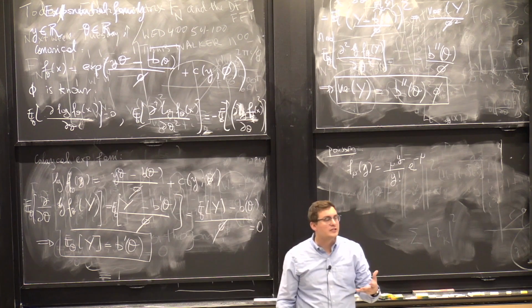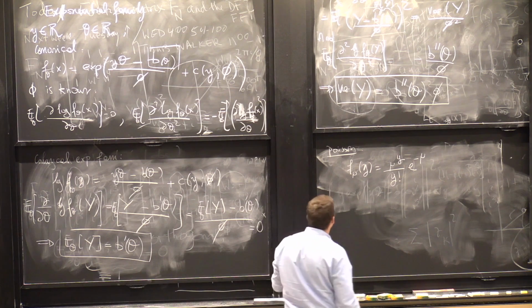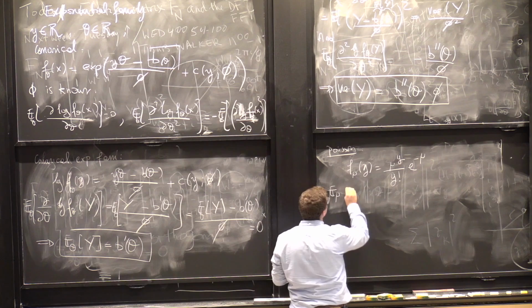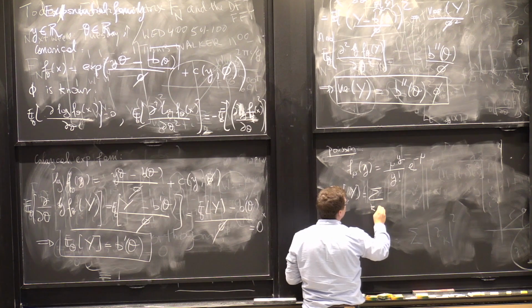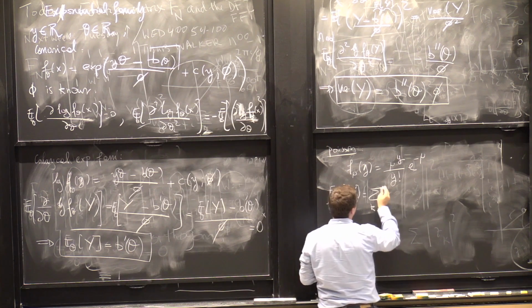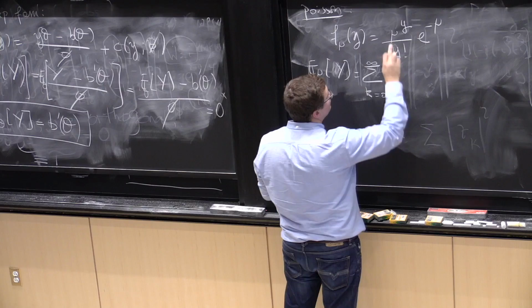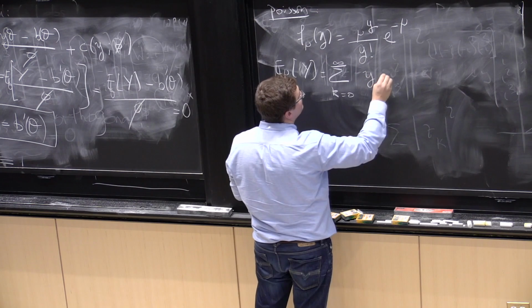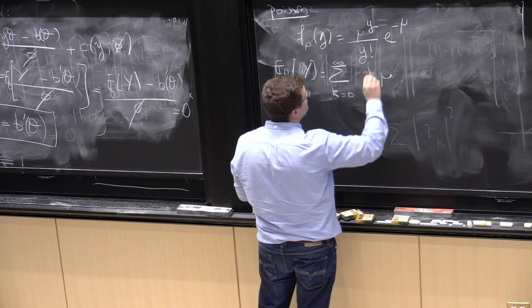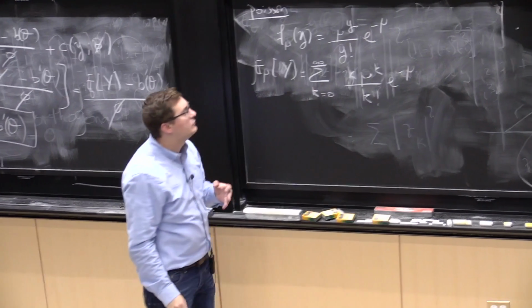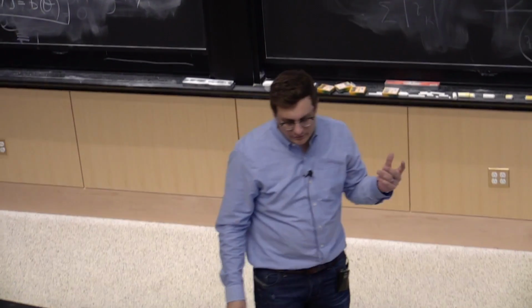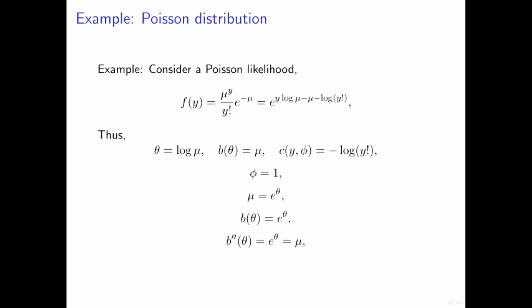But then if I wanted to understand the expectation with respect to mu of y, I would have to compute the sum from k equals 0 to infinity of k times mu to the k over k factorial, exponential minus mu, which means that I would essentially have to take the derivative of my series in the end.